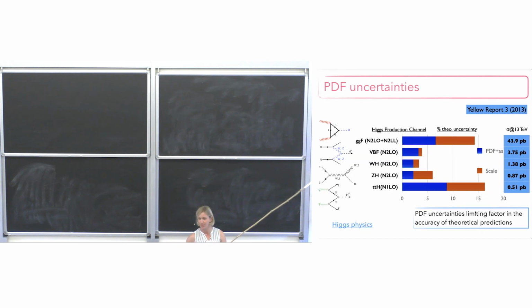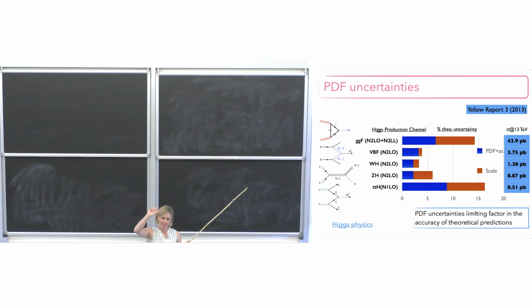That's something I don't have time to talk about, but as we go up in orders, so as we compute the next-to-leading order in the perturbative expansion of the cross-section, as we add resummations when they're needed, this is an uncertainty that usually goes down, okay? But then there is another component, which is the blue one, which is the PDF uncertainty.